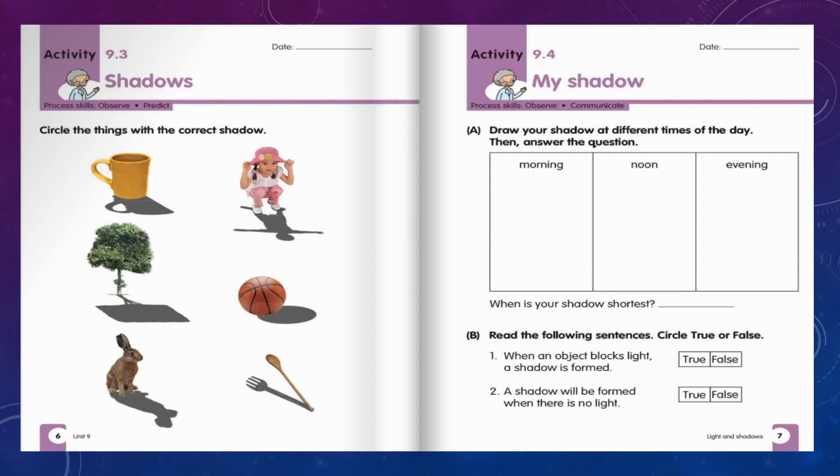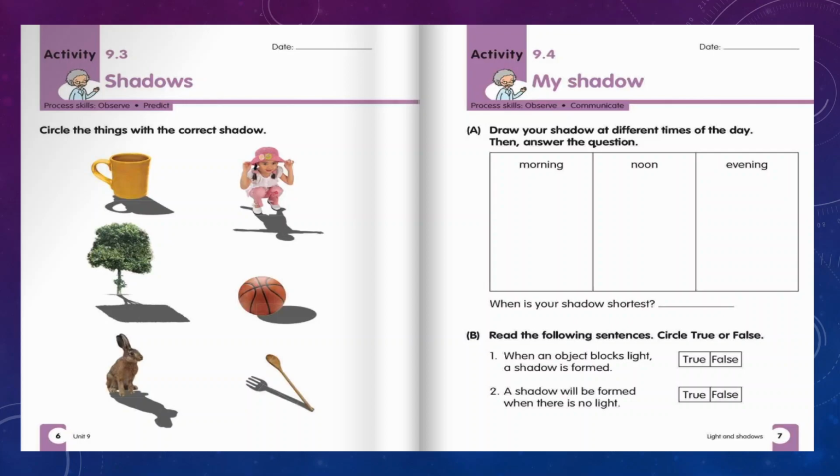All right? Now, on activity 9.4, you have to draw your shadow at different times of the day and then answer the question. Here you have three different times of the day: morning, noon, and evening. And the question is, when is your shadow shortest?